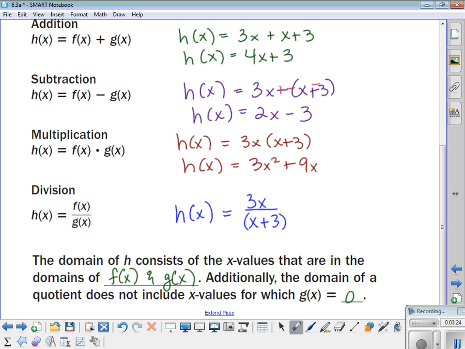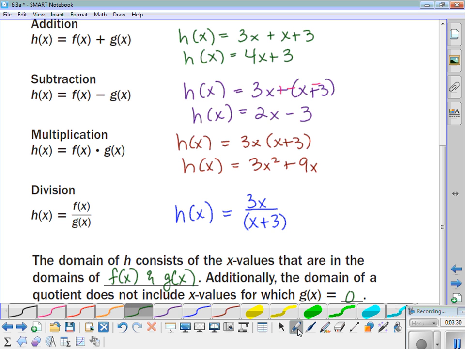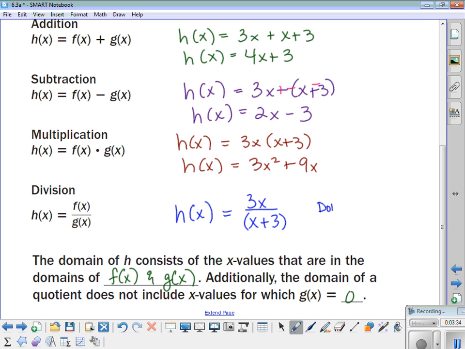No. So for instance, looking at h of x right there, that's 3x over x plus 3, we could have all real numbers, right? Except for what? What can x not equal on that one? I don't want the denominator to equal 0.